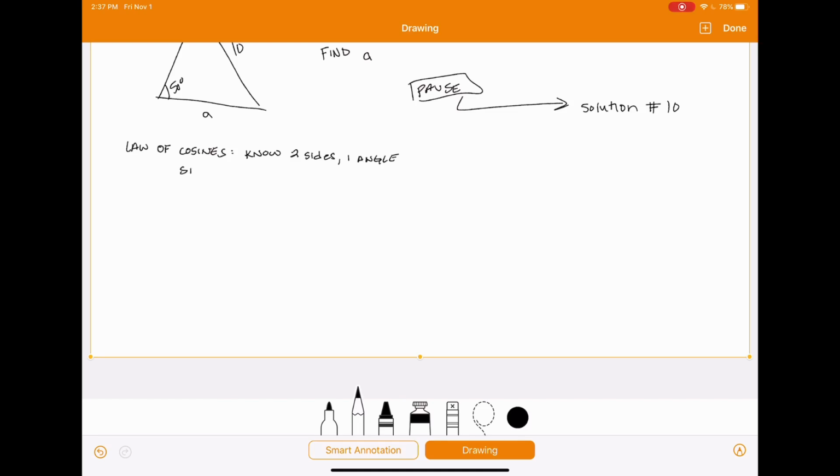And the law of sines is helpful when you know two angles, but only one side of your triangle. Now there are other times you can use it, but usually that's the case. I'm not going to say all the time.